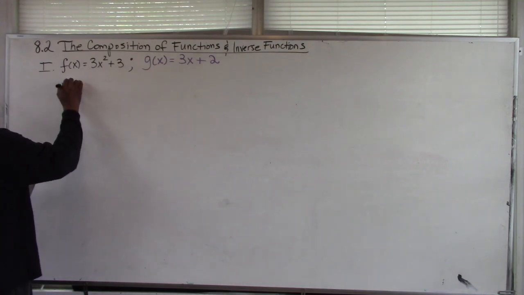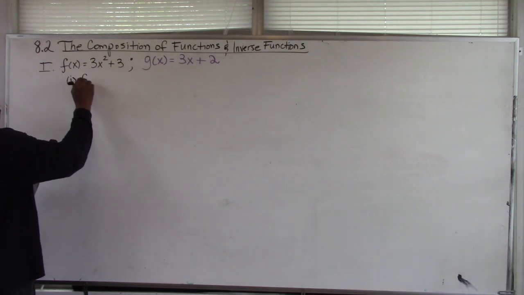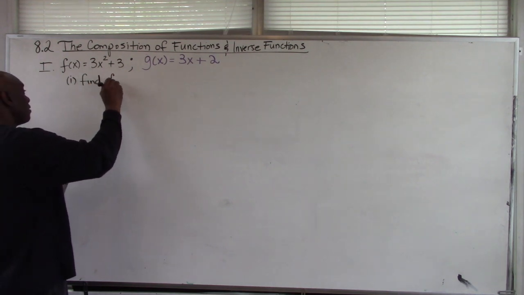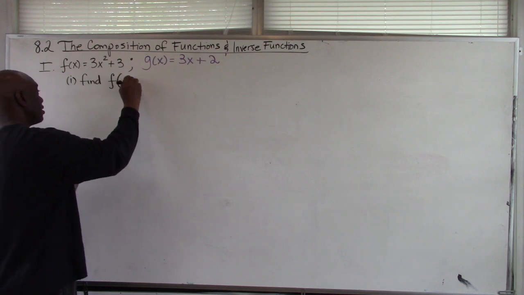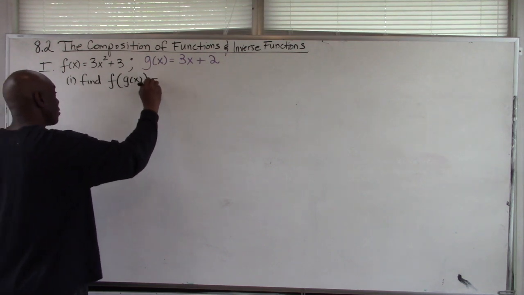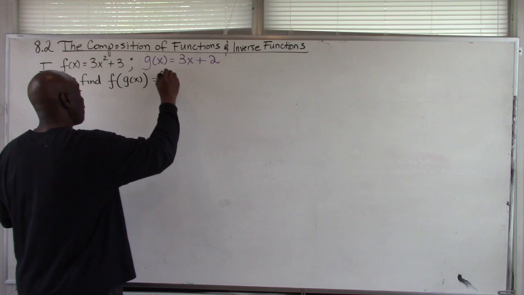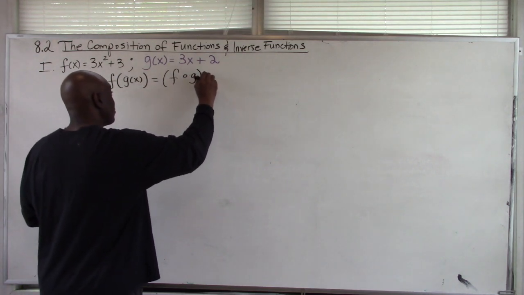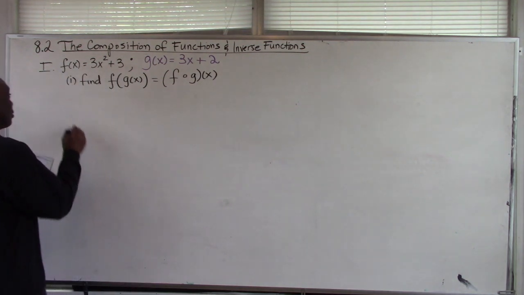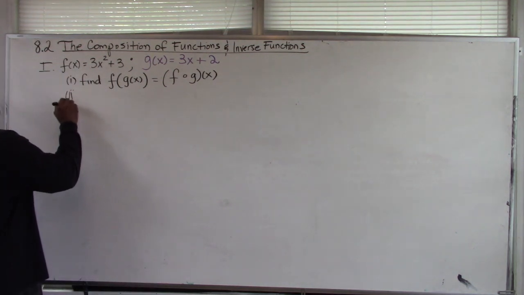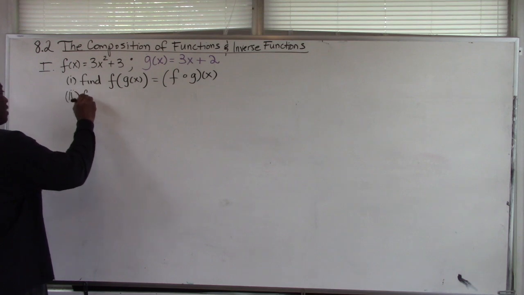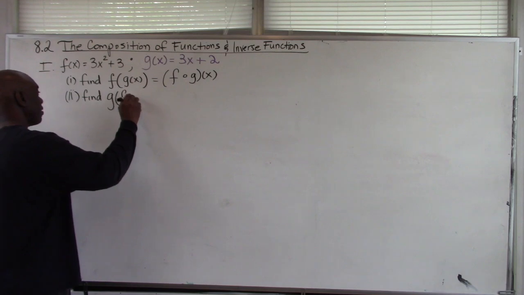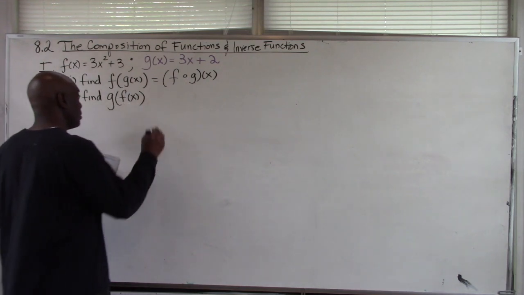Number 1: let's find f of g of x, which is the fog. And then number 2, we want to find g of f of x, which is the golf.